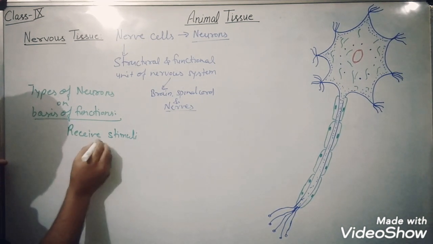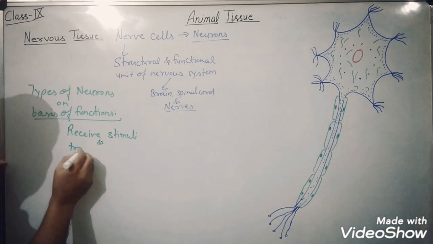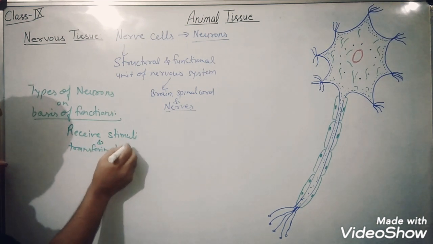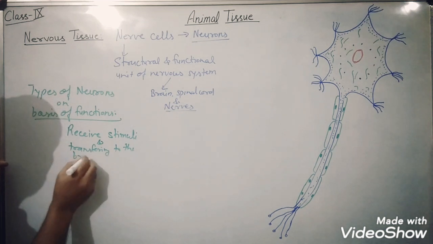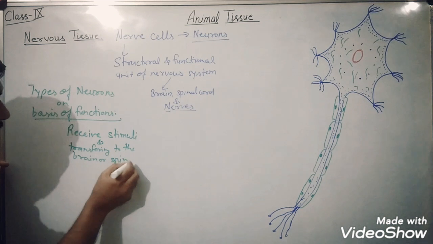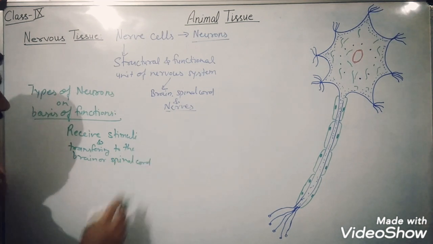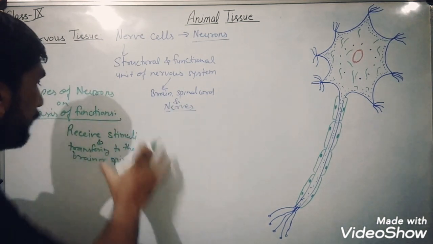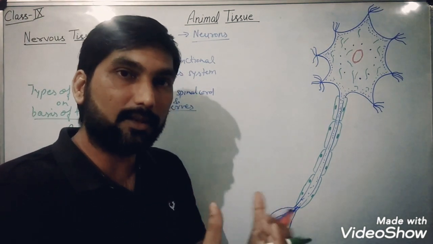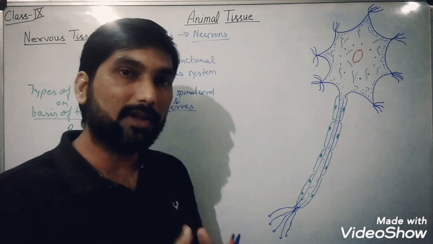and then, after receiving the stimulus, they transfer it to the brain or spinal cord. Such nerves which receive stimulus have a sensation; we are talking about the sense organs.